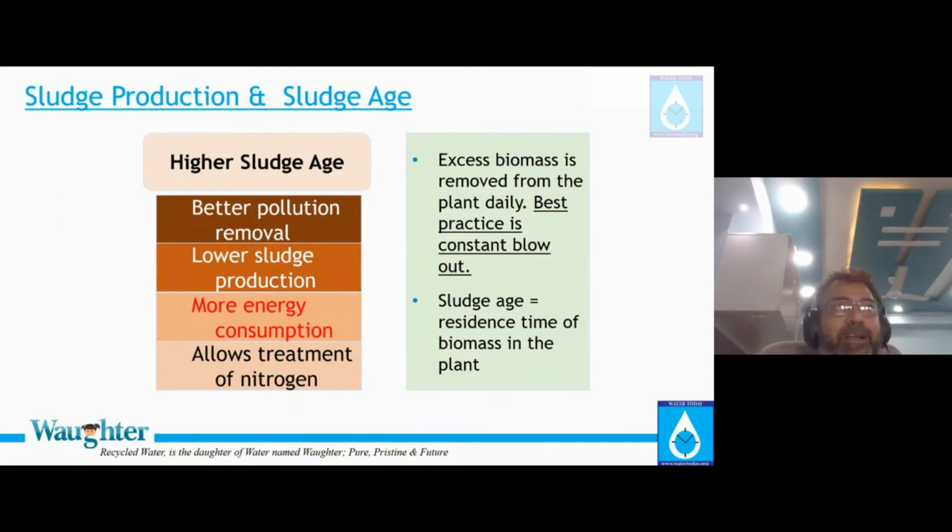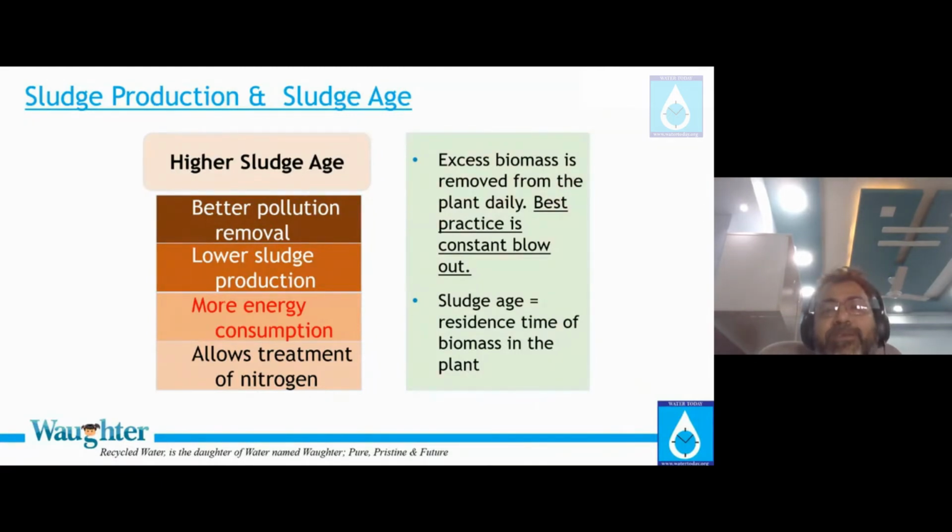When that starts happening, nitrification starts to take place. Autotrophs start growing when you have lots of CO2 around you. Even if ammonia is there, if the food is not there, they will not grow.